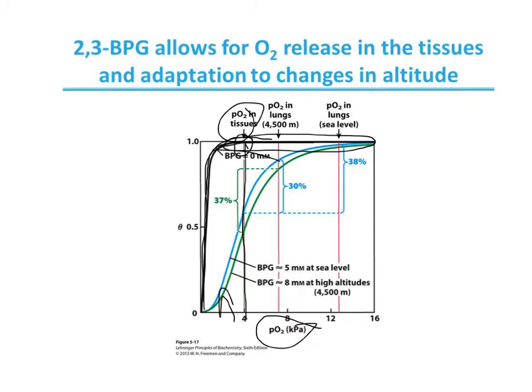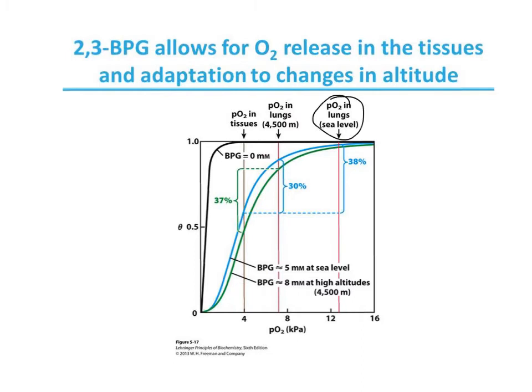But if you look at what happens when you live at higher altitudes compared to sea level, let's look at the difference. Here's the difference in concentration of oxygen at sea level and at 4,500 feet, so at a higher elevation.